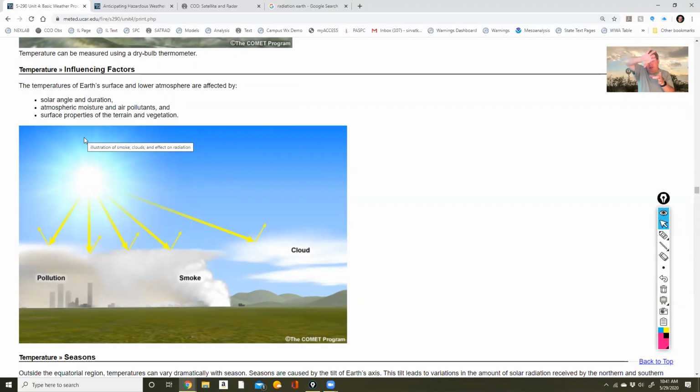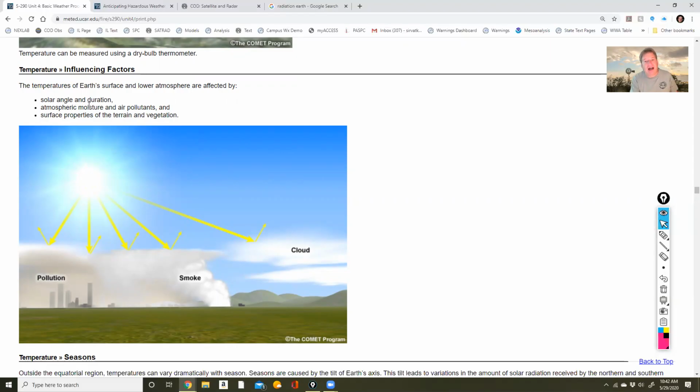But now imagine that I turn this flashlight sideways. What happens to that circle is it becomes elongated. I have the same amount of energy coming out, it's spread out more. So the more direct the radiation, the more radiation that's coming in. When it's coming in at an angle, it's being spread out. So that's what they mean by solar angle.